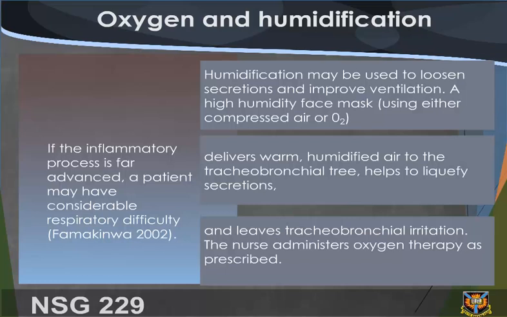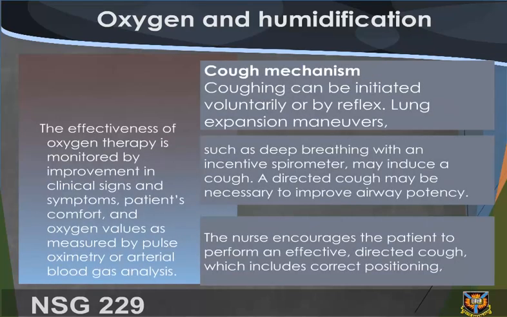The nurse administers oxygen therapy as prescribed. The effectiveness of oxygen therapy is monitored by improvement in clinical signs and symptoms, patient's comfort, and oxygen values as measured by pulse oximetry or arterial blood gas analysis.